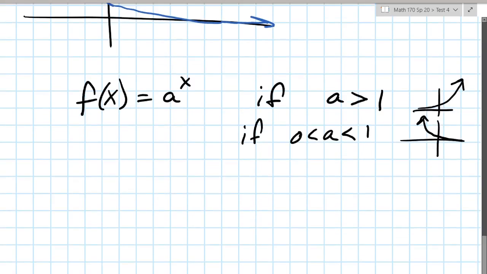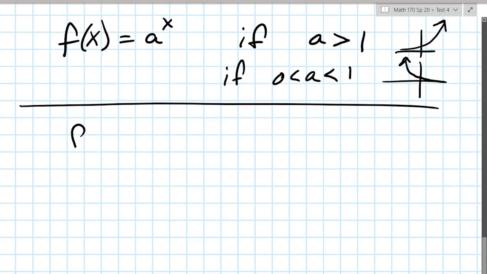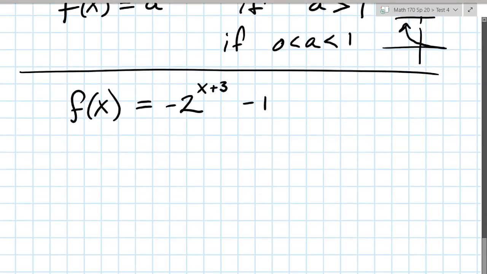What if we have f of x equals negative 2 to the x plus 3, minus 1? Okay, starting at the x, we work our way out.